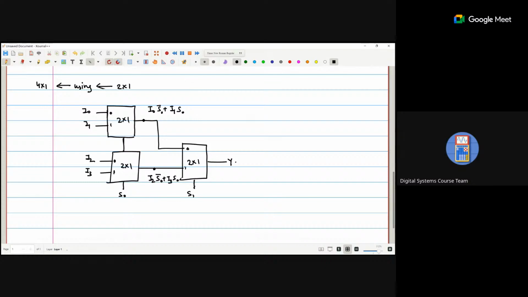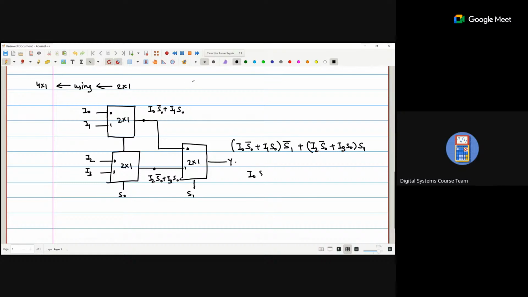So the output is (I0 S0 bar plus I1 S0) multiplied by S1 bar, plus (I2 S0 bar plus I3 S0) multiplied by S1.